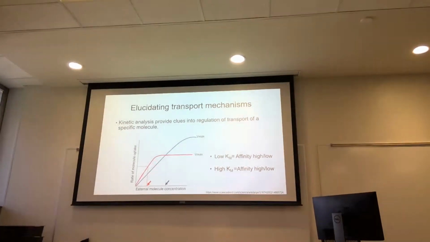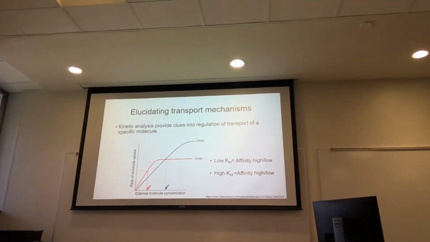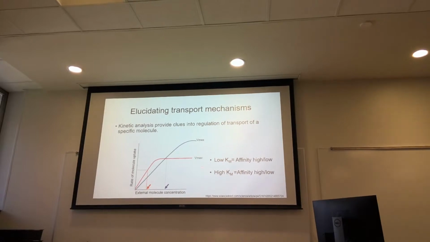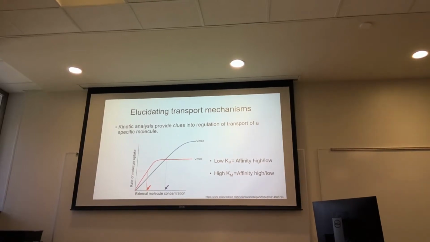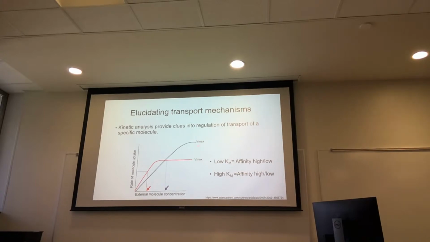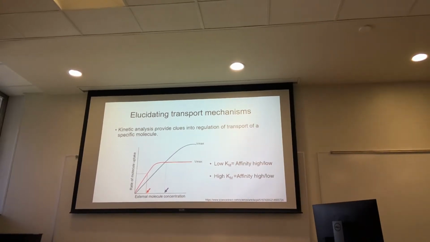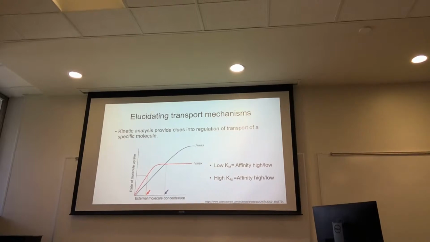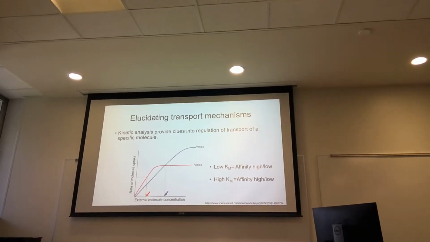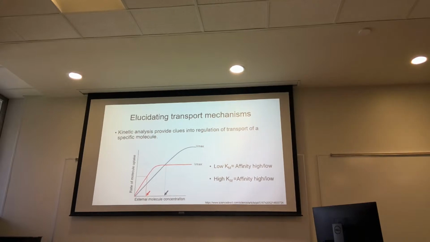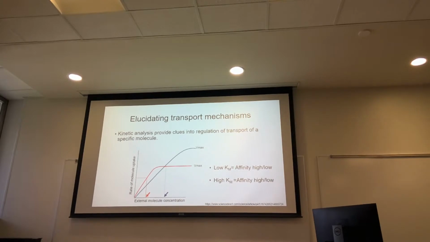When you have a low Km, like this red graph, versus comparing it to a kinetic analysis that has a higher Km, like the blue line, does low Km mean higher affinity, or lower affinity? Yes. Higher affinity, right? So low Km values are higher affinity. And higher Km values mean lower affinity.